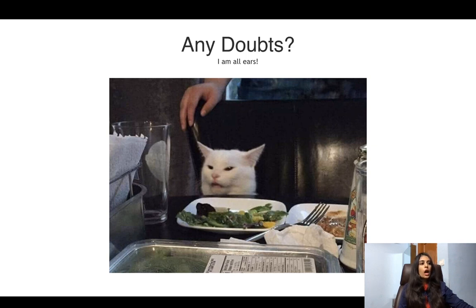Simranjeet is asking how many times can you use the same connector in an essay. So even connectors have synonyms. For example, you can use on the other hand, however, in contrast, on the contrary. These words can be used interchangeably. So you can use these connectors and try to use them as synonyms itself.